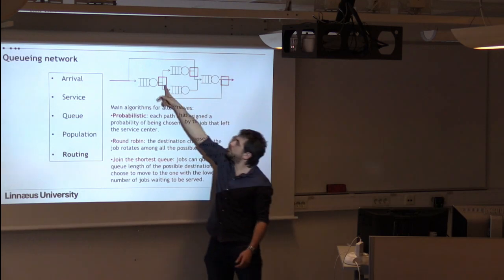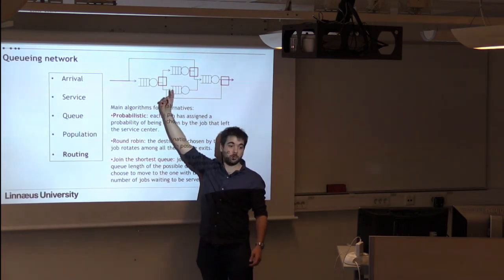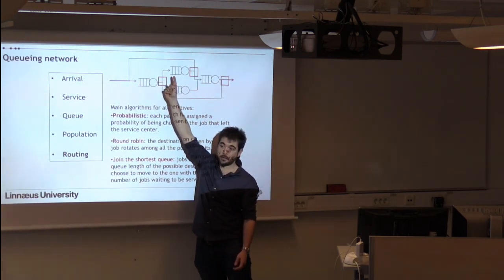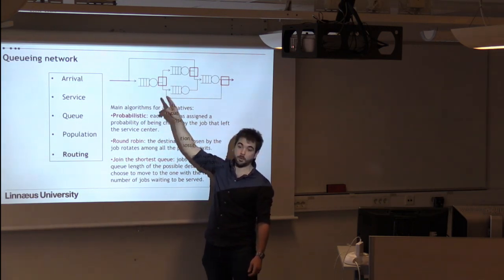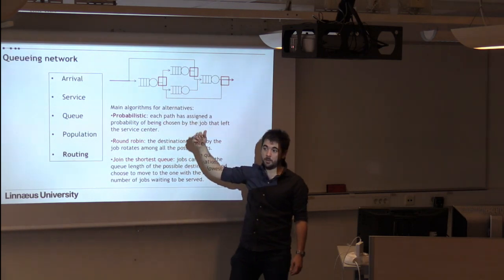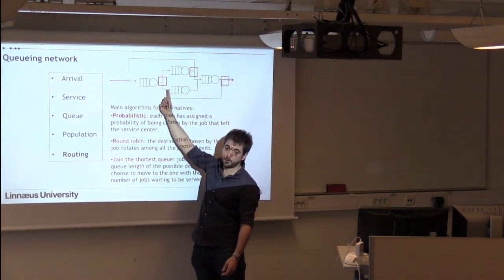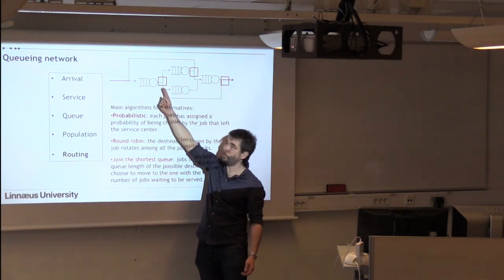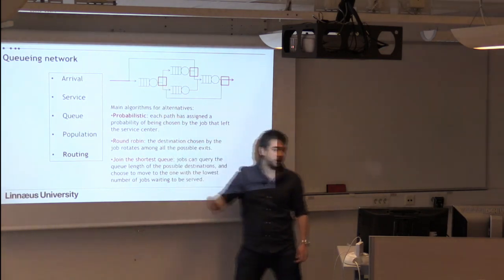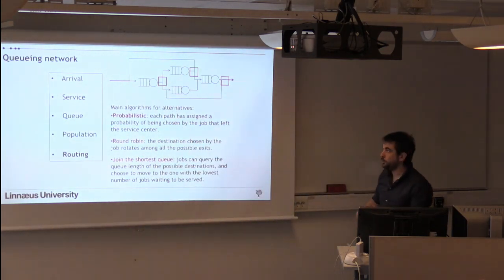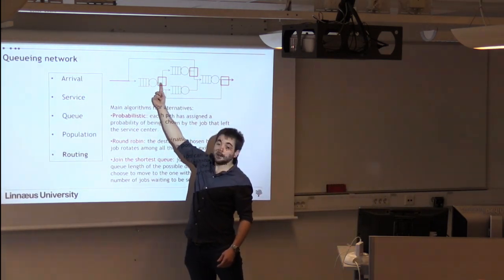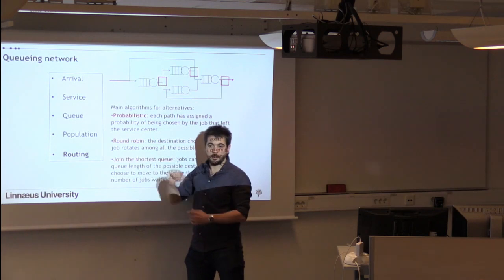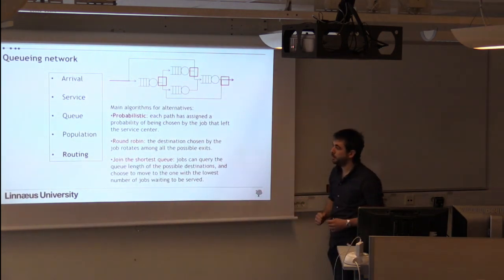If it is probabilistic, and here we have two, we add a probability to going up and a probability to going down. And both probabilities must add up to 1. So 0.5 and 0.5, or 0.9 and 0.1, and so on. So when a job finishes here, probabilistically, I'm able to choose which is the next one.